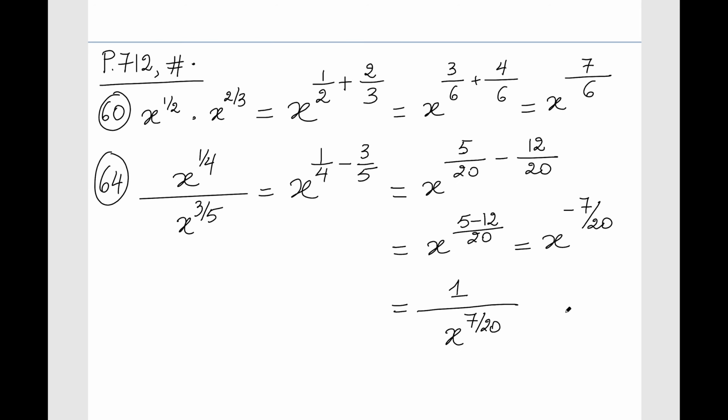Yeah, and you can leave it like that, or if you wish, you can rewrite it as 1 divided by the 20th root of x to power 7. I mean, whichever you want. And similarly here upstairs on number 60, we could have written it as the sixth root of x to power 7. Okay, same thing.